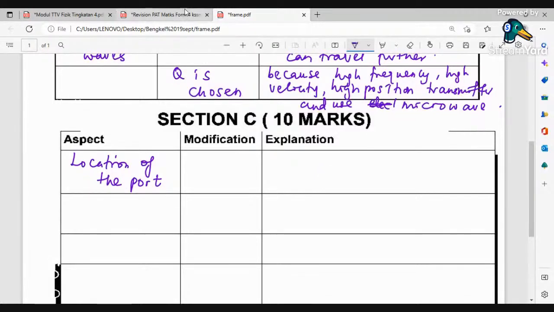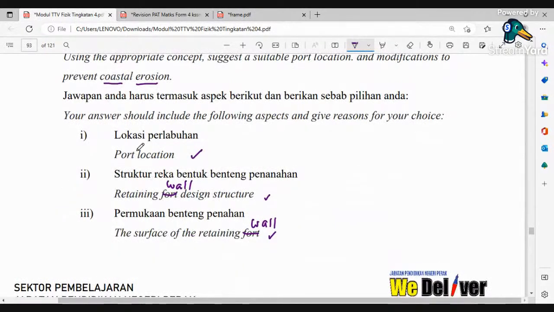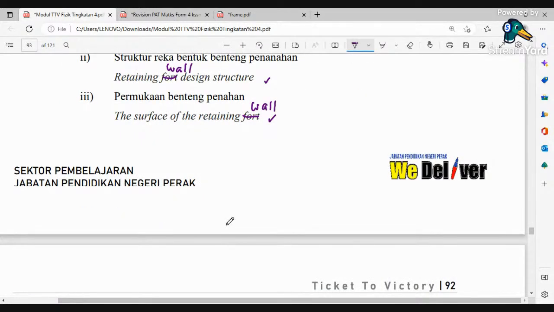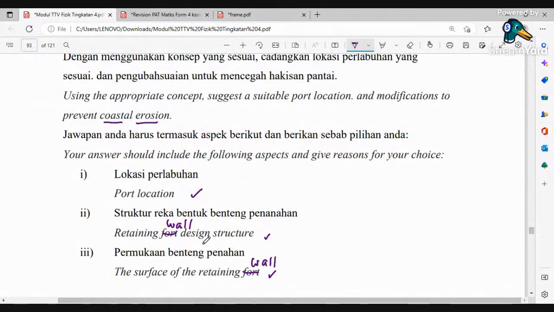Design structure of retaining wall. Surface of retaining wall, height of retaining wall and size of gap.